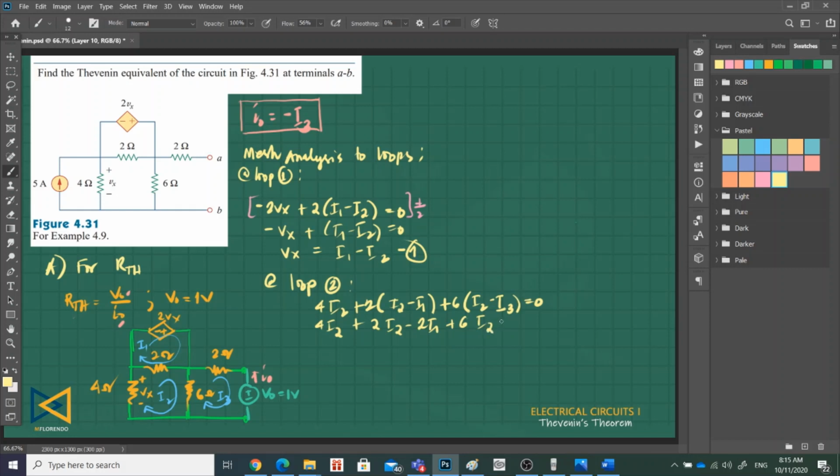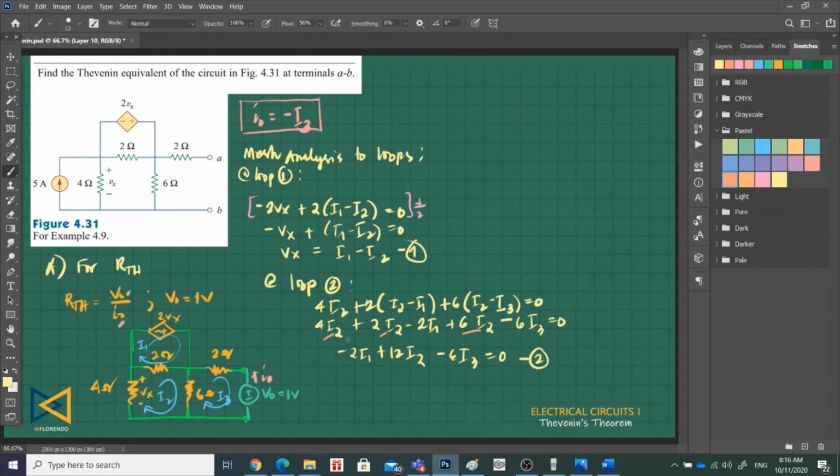And pagsasamahin natin, I1 muna. Negative 2I sub 1. Tapos ito, 4, 5, 6 plus 6. So that is 12. Tapos ang matira, minus 6I3 equals 0. So, equation 2.